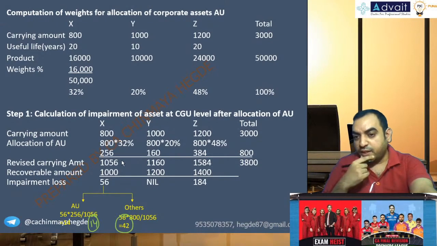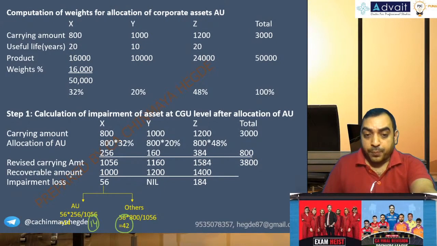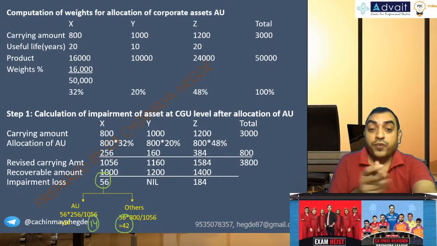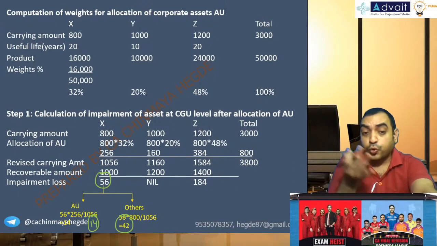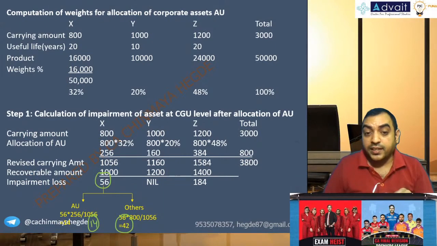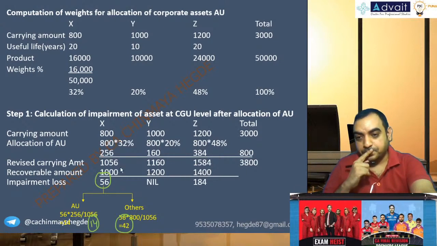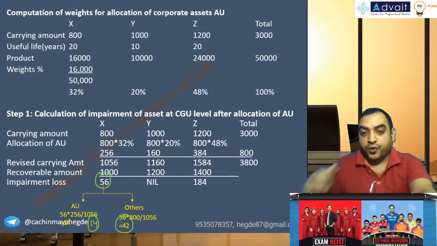Is it reversal of earlier impairment? No, we are not reversing. We are providing impairment. We have calculated impairment. But impairment against whom? We need to allocate, right? We need to divide. Who has to take the impairment loss? From which asset do we have to reduce for passing entries? We are just allocating. We are not reversing it. So we get 42 for other assets, 14 for AU.